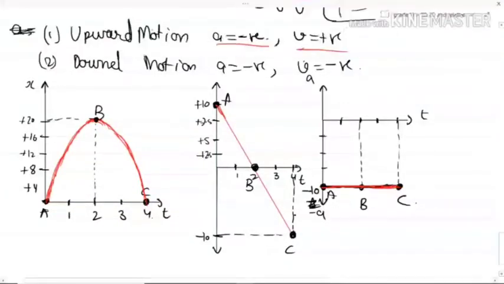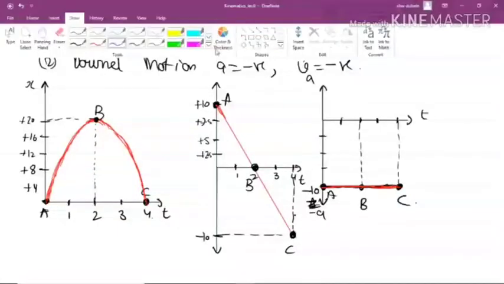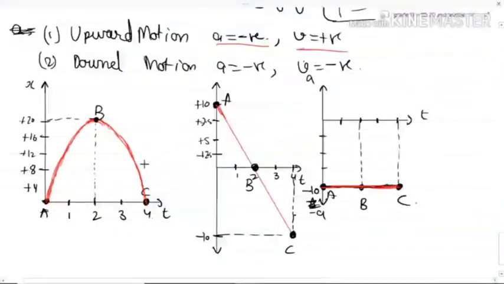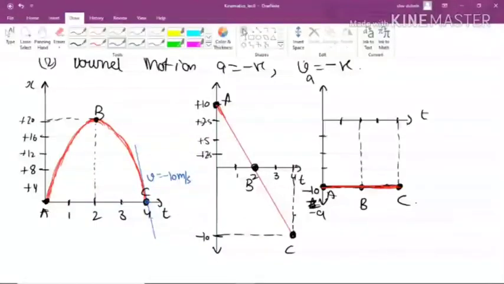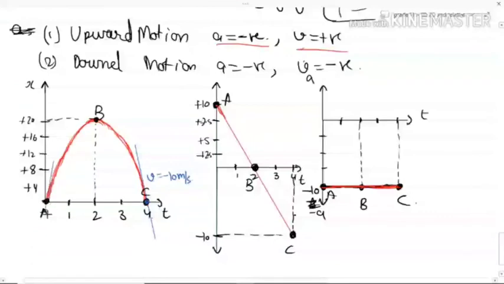If you draw a tangent at this point, this is also velocity. The velocity here will come out to be minus 10 meter per second. At this point, can you see the tangent? And if you draw the tangent over here at t equals 0, here is the slope of this graph.